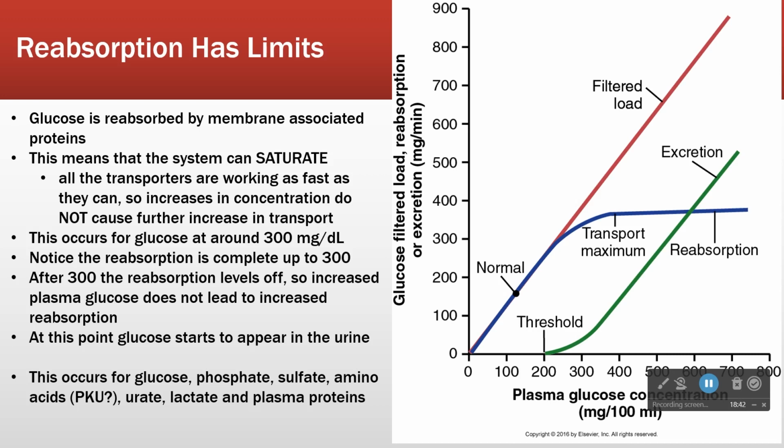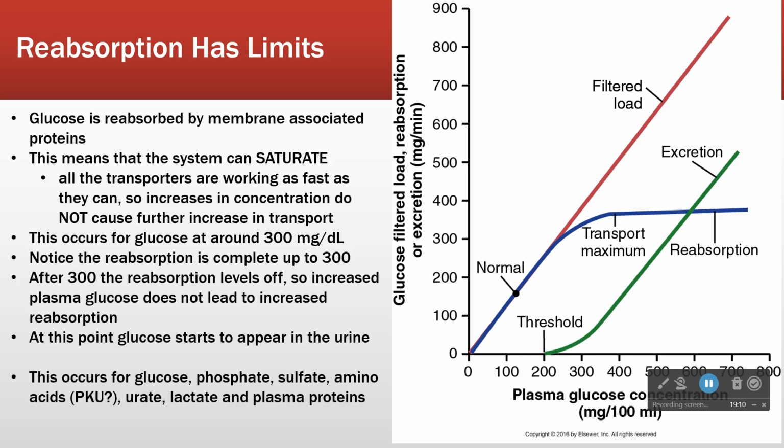So, in other words, as plasma glucose goes up on the X, we have filtered glucose on the Y. Okay, generally, in the normal range, the higher our glucose level, the higher the reabsorption, right? But when we get to the saturation point, the transport maximum, as we have more glucose, we can't reabsorb anymore, and we start to see it be excreted.